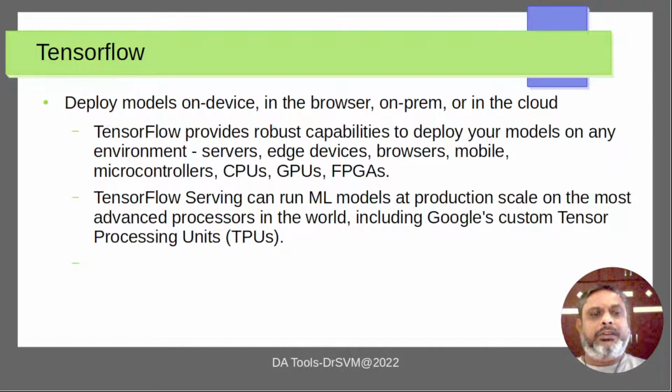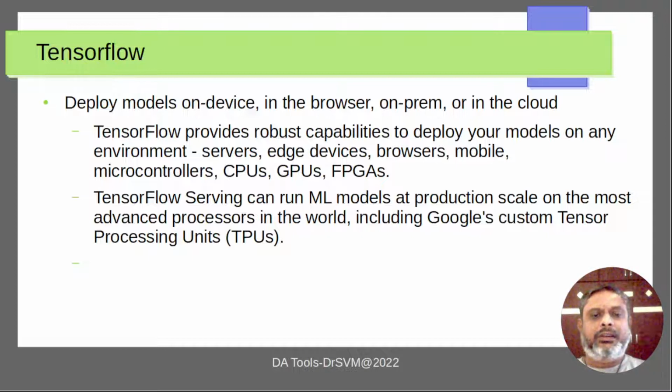TensorFlow helps in deploying models on device, in the browser, on premises, or in the cloud. TensorFlow provides robust capabilities to deploy the model on any environment, maybe servers, edge devices, browsers, mobile, microcontrollers, CPUs, GPUs, FPGAs, and many more.